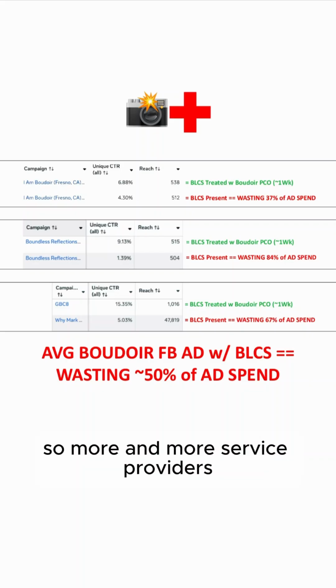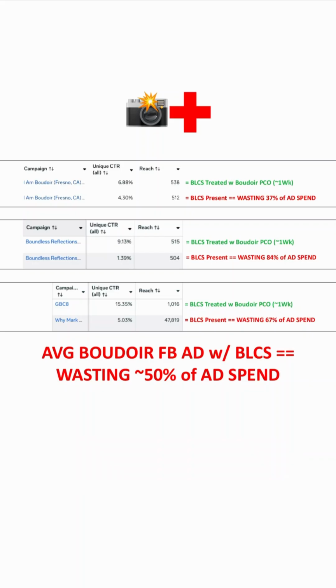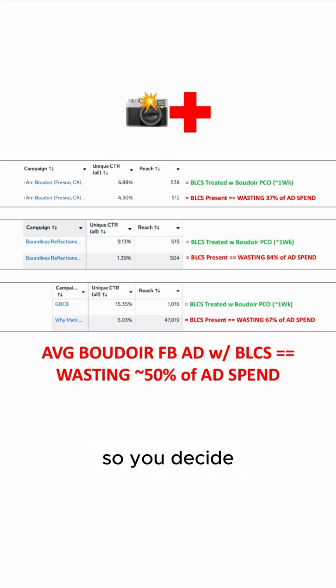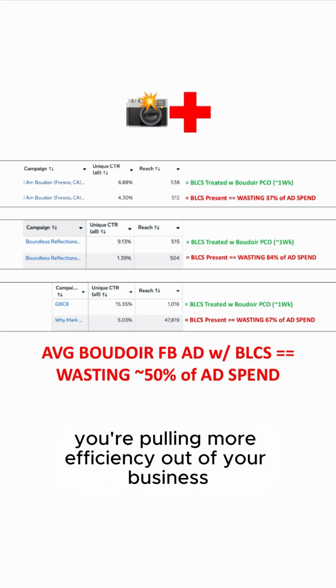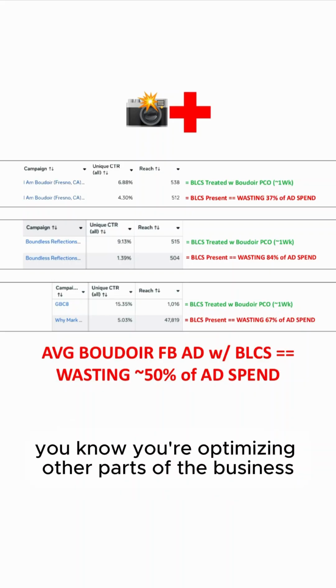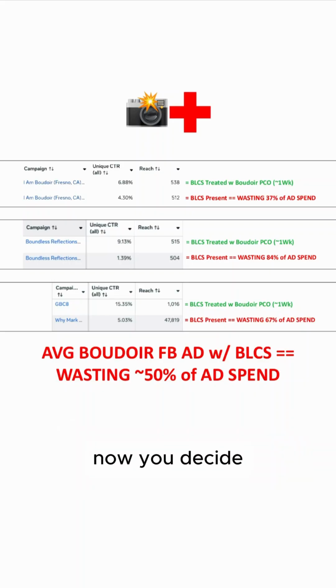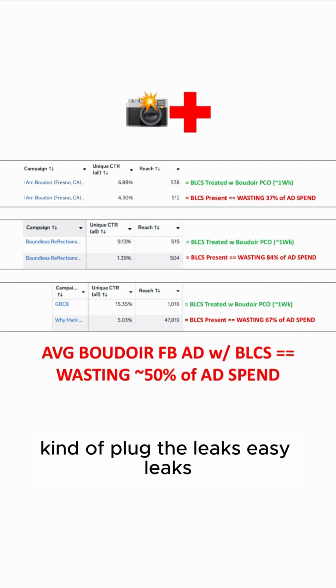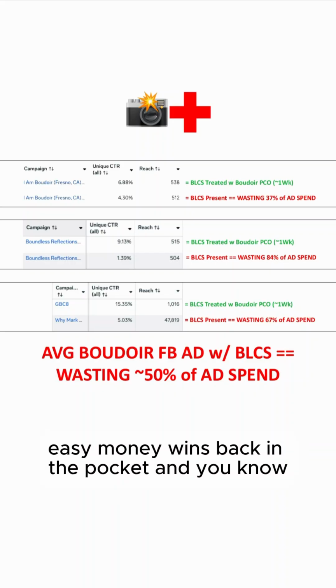So more and more service providers, same number of buyers, more and more competition. The market's getting saturated, margins are tightening for everyone, and you're also seeing life inflation, life costing more and more. So you decide you're going to pull more efficiency out of your business. You're optimizing other parts of the business, and now you decide you want to optimize the Facebook ad part, plug the easy leaks and get some fast, easy money wins back in your pocket.